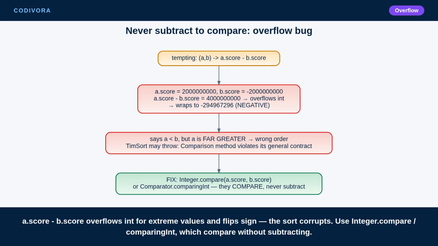The comparator now claims a is less than b, even though it is far greater. Your sort is corrupted, and TimSort may even throw "Comparison method violates its general contract." The fix: never subtract, just compare. Integer.compare or Comparator.comparing. It is like a ruler that only reads to 2 billion. Do not measure the gap, just ask which is longer.